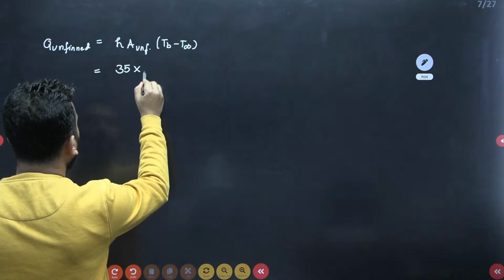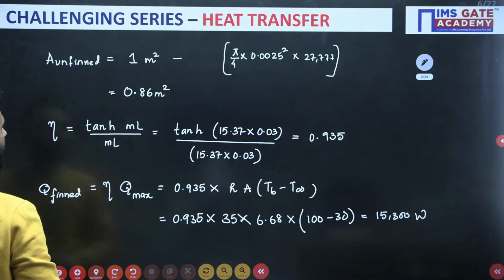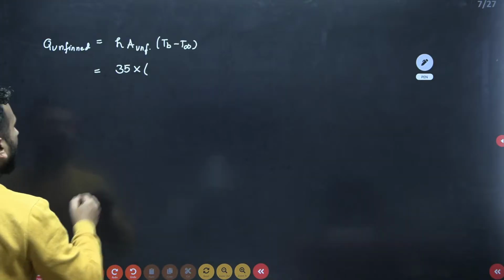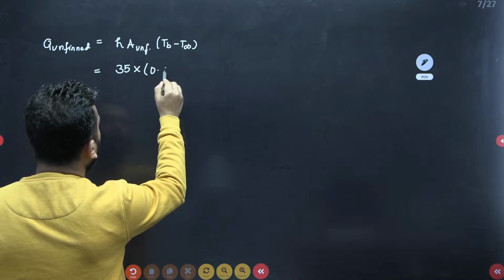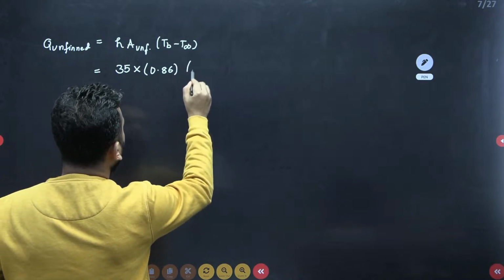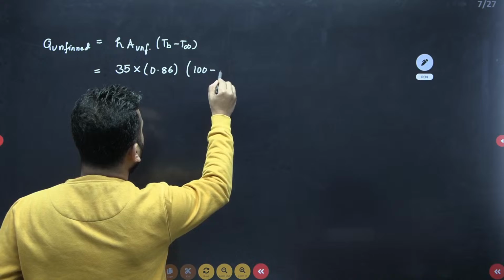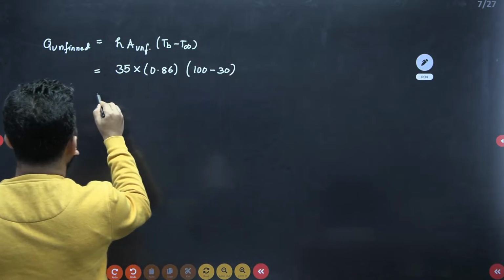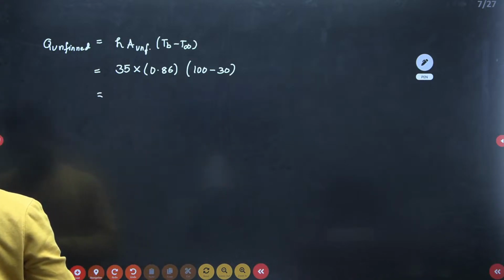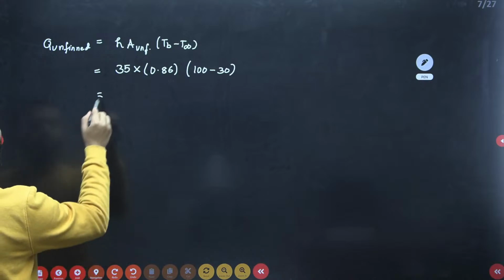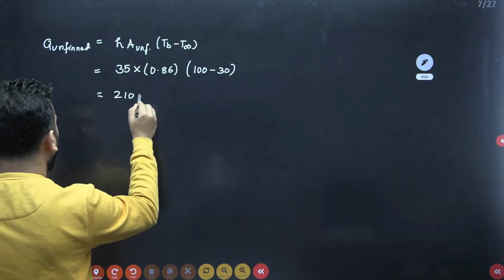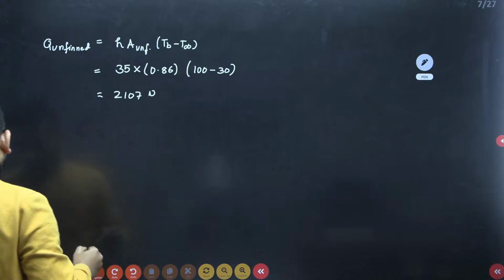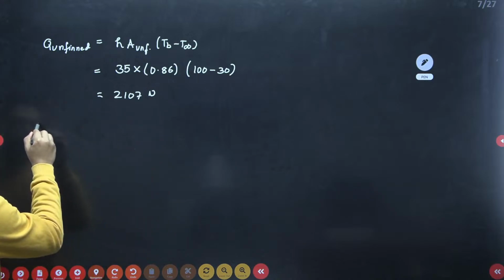Area of unfinned is how much? 0.86. And T_b is 100 minus 30. So if you solve this, you will be getting 2107 watt.